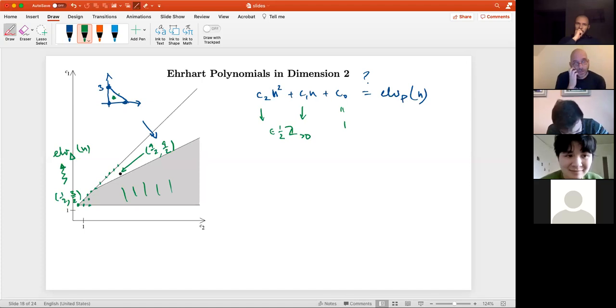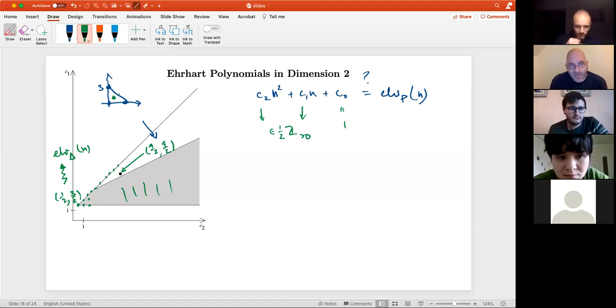And so, if you're interested in this point 9/2, 9/2, you should do one of our exercises, namely the one on reflexive polytopes. This is a very special reflexive polygon in dimension 2.